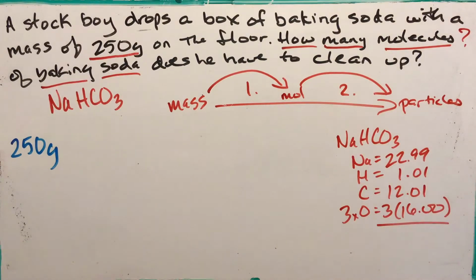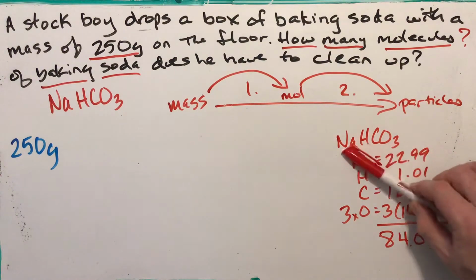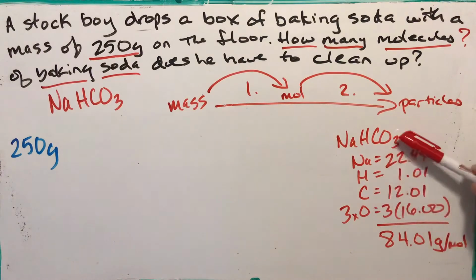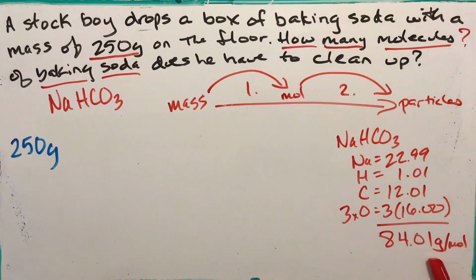And I'm going to add all of those together. And when I do that, I'll end up with 84.01 grams per mole. All right? So I add up all of these elements, 1 sodium, 1 hydrogen, 1 carbon, 3 oxygens, 84.01 grams per mole.